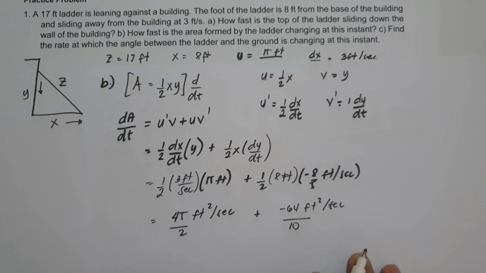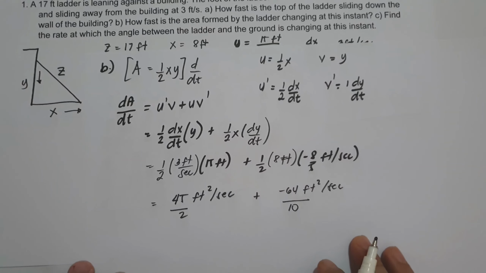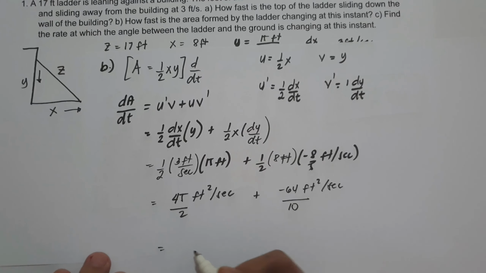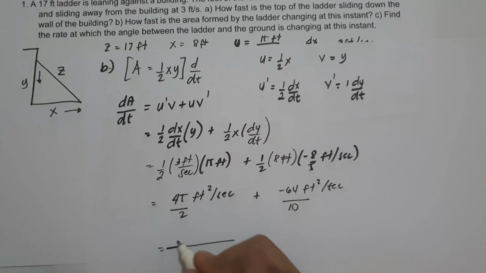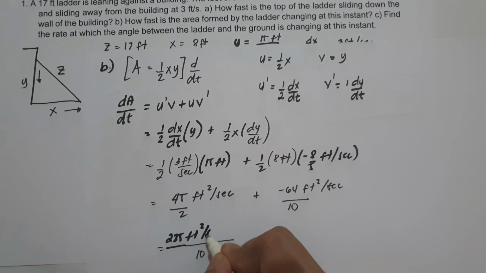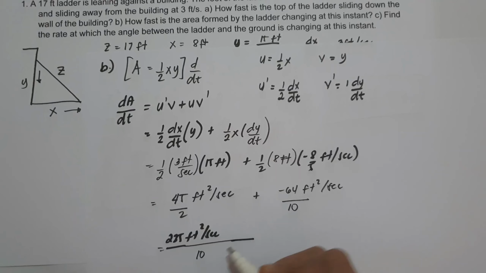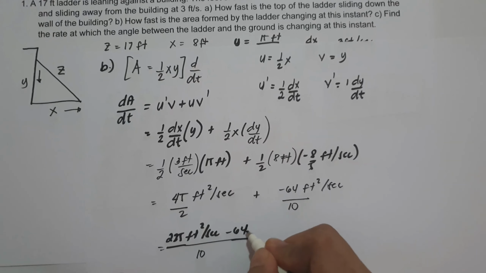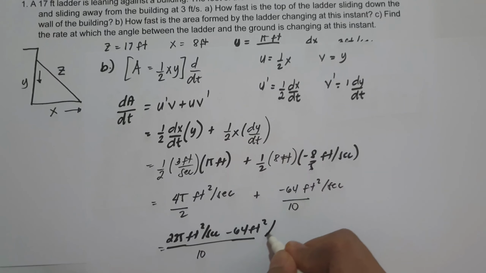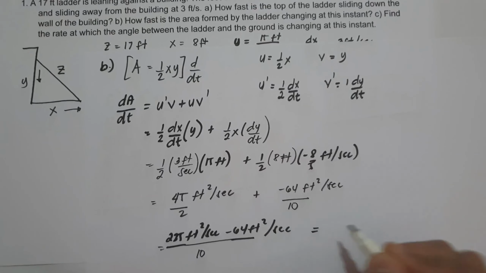Let us find the LCM of 2 and 10. That is 10. 10 divided by 2 is 5, times 45, that is 225 feet squared per second. And then 10 divided by 10 is 1, multiplied by negative 64, that is negative 64 feet squared per second.